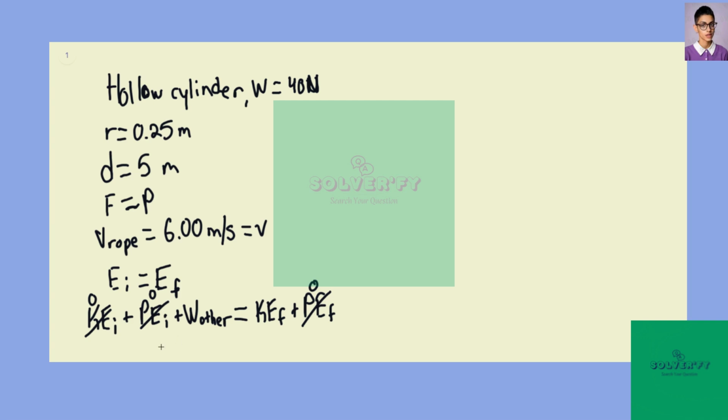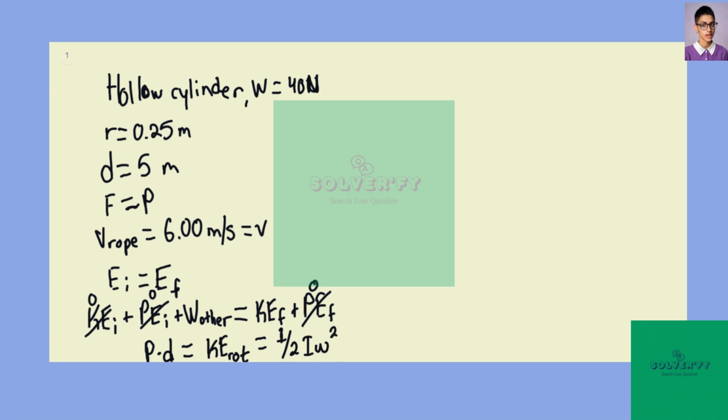And we are left with the force P times the displacement D equal to the final kinetic energy. Here, the only kinetic energy that is present is going to be rotational kinetic energy. And the formula for this is going to be half I omega squared.